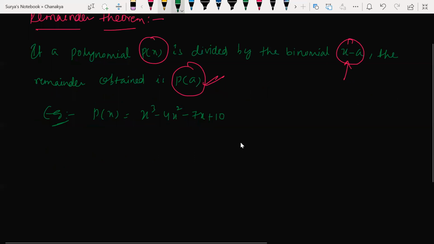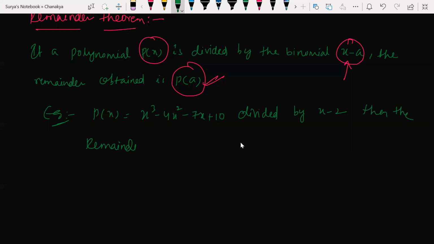and it is divided by x minus 2. Then what is the remainder? The remainder obtained is p of 2.